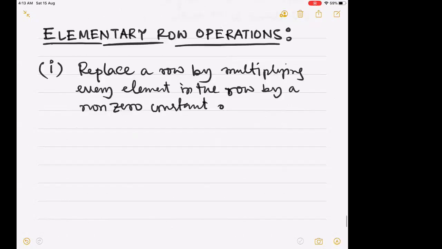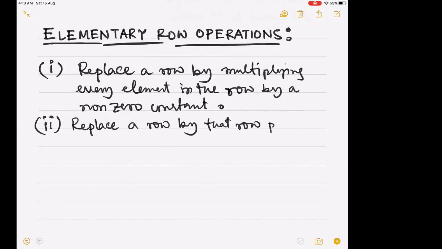This is one kind of row operation. The second kind is replace a row by that row plus a multiple of another row.